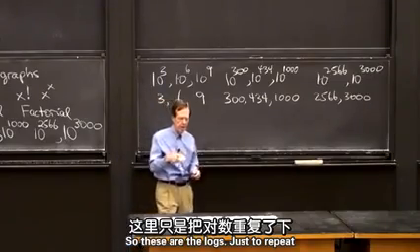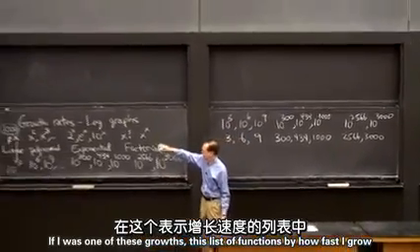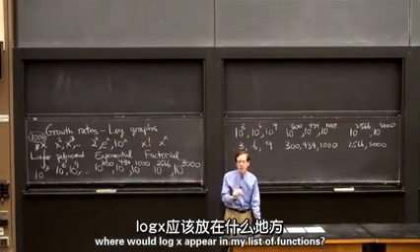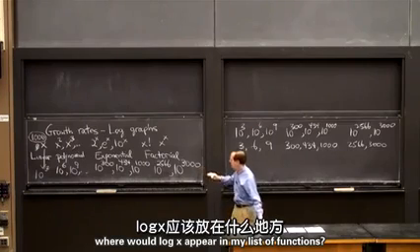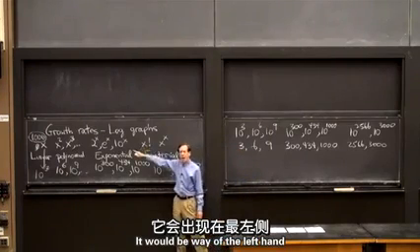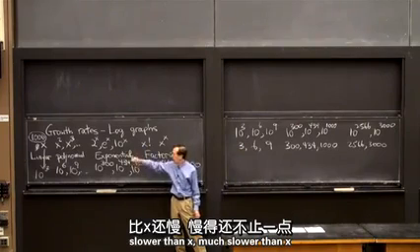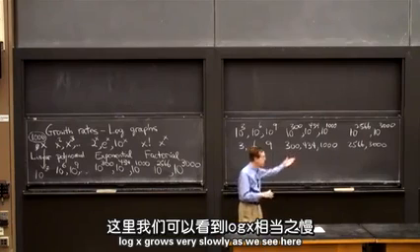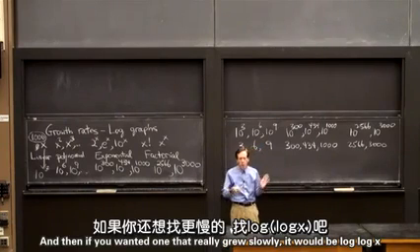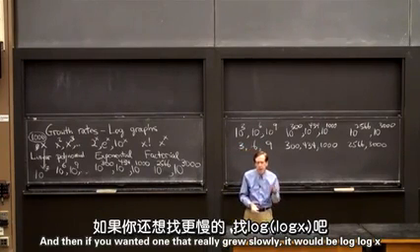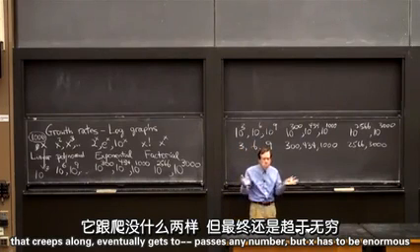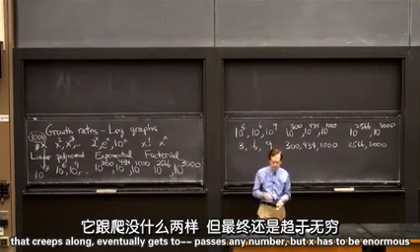Just to repeat, if I wanted this list of functions by how fast they grow, where would log x appear? It would be way at the left end, much slower than x. Log x grows very slowly, as we see here. And if you wanted one that really grew slowly, it would be log of log x. That creeps along, eventually passes any number, but x has to be enormous.